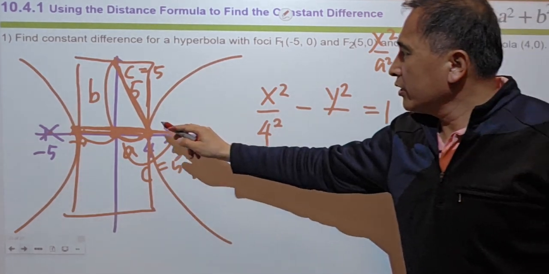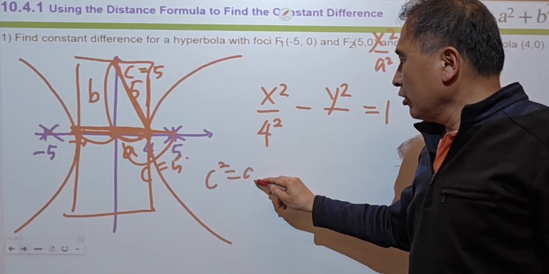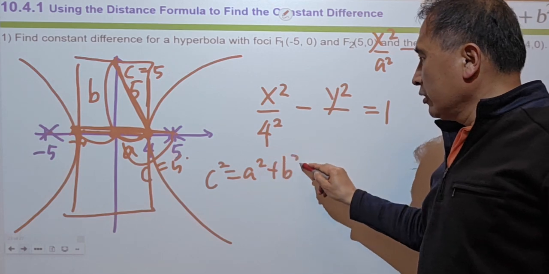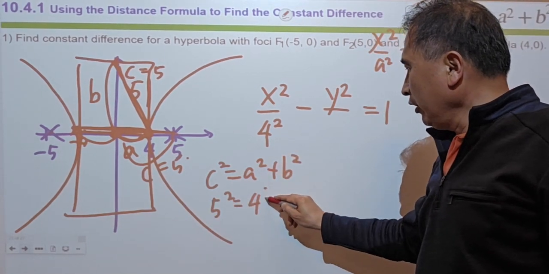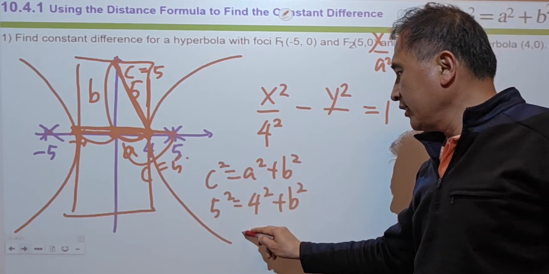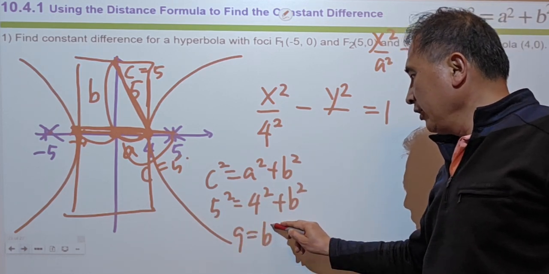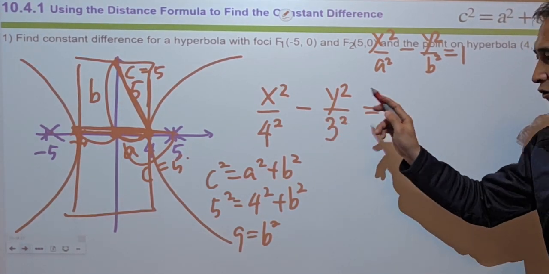So b we need to find out. c squared equals a squared plus b squared, right? c is 5, so 5 squared equals a squared, 4 squared, plus b squared. Then 25 minus 16 is 9. b squared is 9, then b is 3. This is the equation.